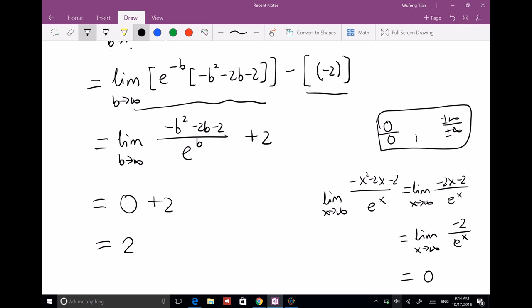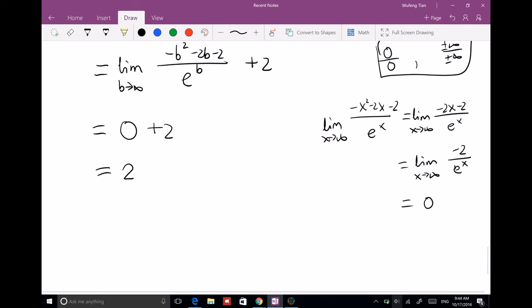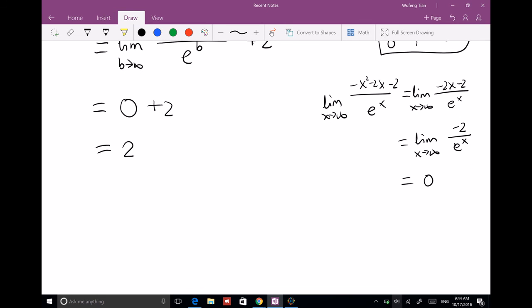So let me give you an example to practice by yourself. Example for practice: the integral from 0 to infinity of x e to negative x dx.